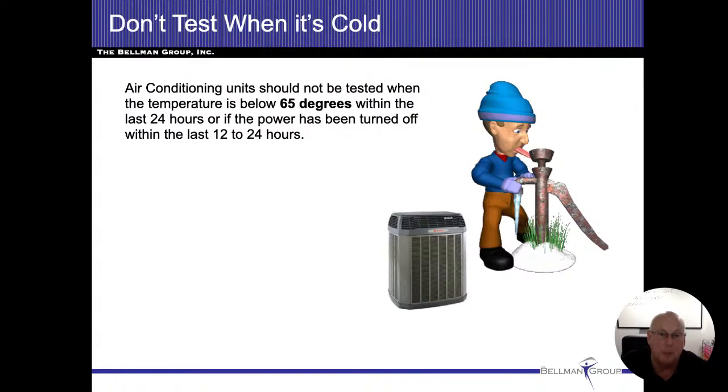We'll talk about heat pumps and what's the difference between an air conditioning system and a heat pump in a little bit. But heat pumps can run all the way down to 35 degrees, and they'll be able to work just fine, all right? But for us, being cautious, we're going to use the temperature of 65 degrees, and we kind of stick to that if it's been that temperature within the last 24 hours, all right?